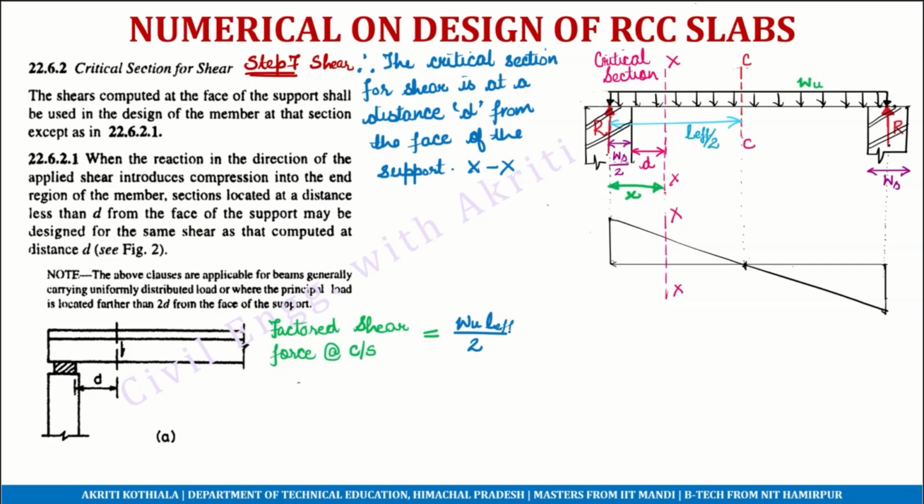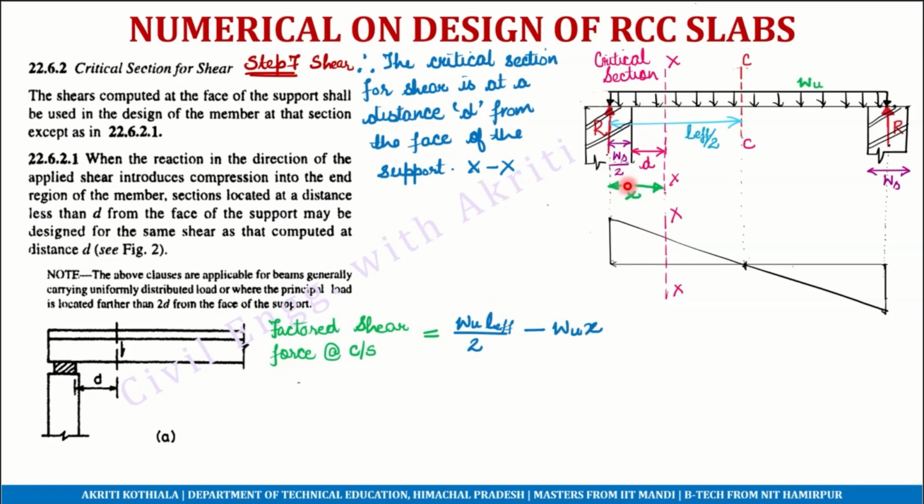So Wu L effective upon 2 minus, since we are calculating the shear force at the critical section, R minus the shear force caused by this UDL. This UDL will be equal to Wu into X, where X is the distance between the center of the support and the critical section. So I can write this.